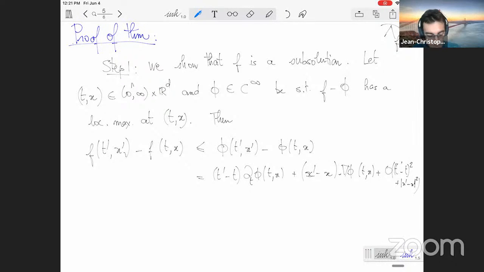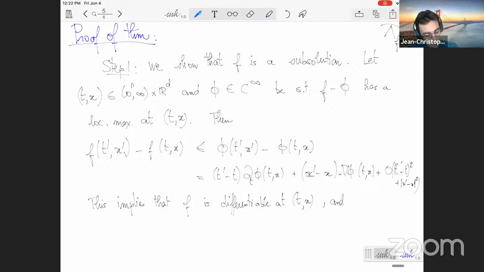And so maybe I'm not going to do the whole argument again. It's really the same as before. We know that we can touch f from below by some slope. And so this implies that f is differentiable at this point, at tx.